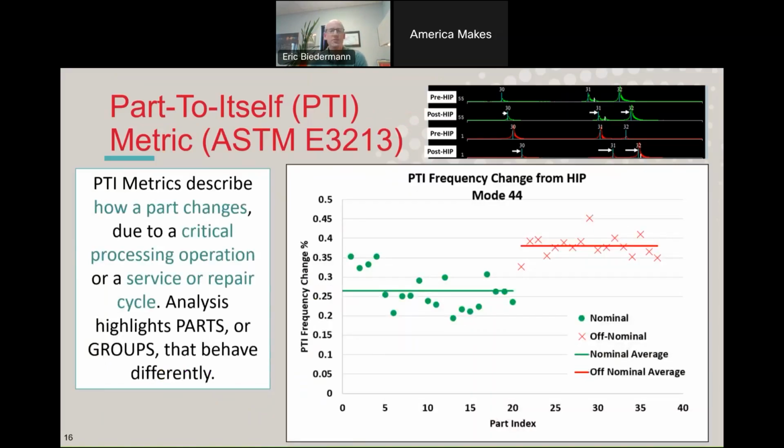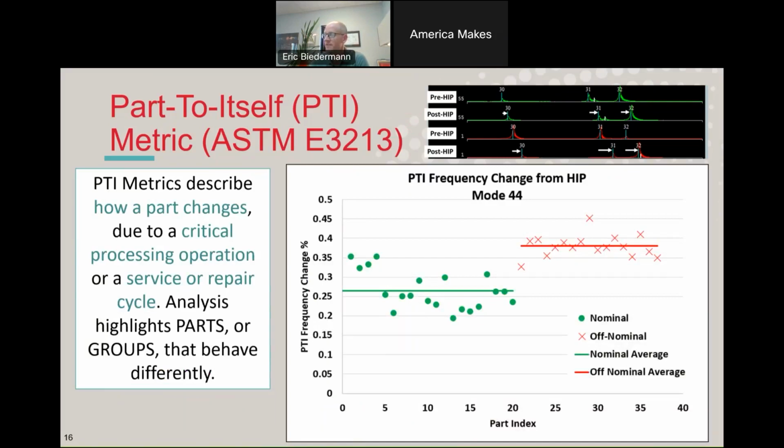And finally, that part to itself approach defined by E3213, in the additive manufacturing realm, most frequently we're applying this to post-processing like heat treatment or HIP. And the example here on the right is looking at those same Ti-64 components I mentioned earlier with the local lack of fusion condition. That full population was subjected to HIP, and the idea was to see if HIP had a healing effect on the defective component or not.